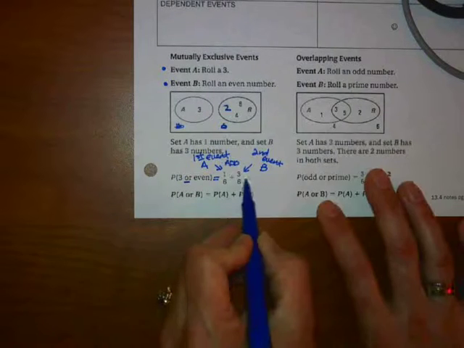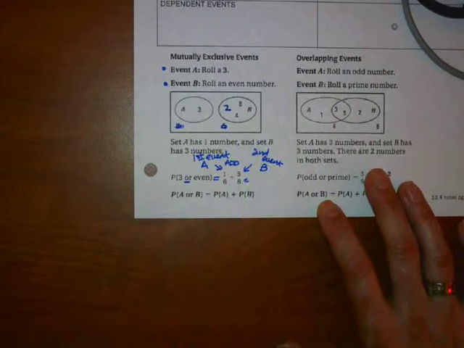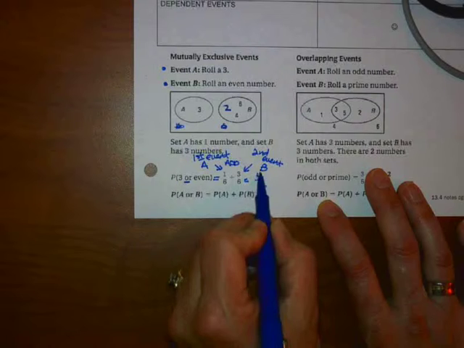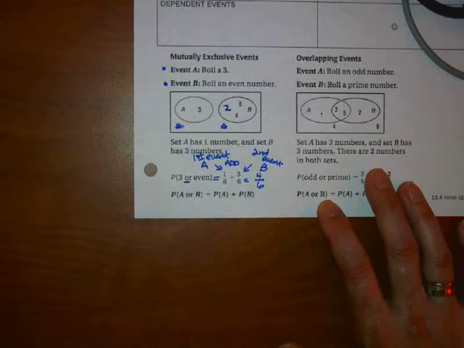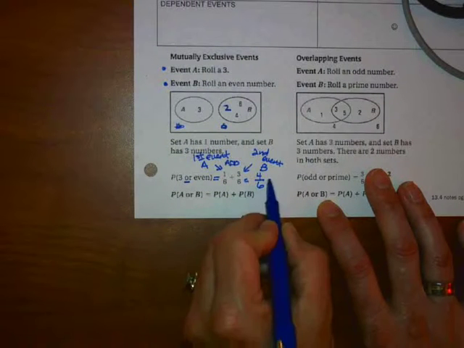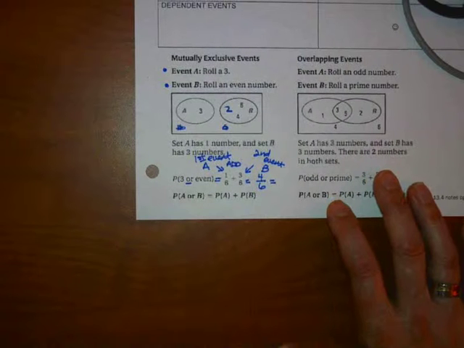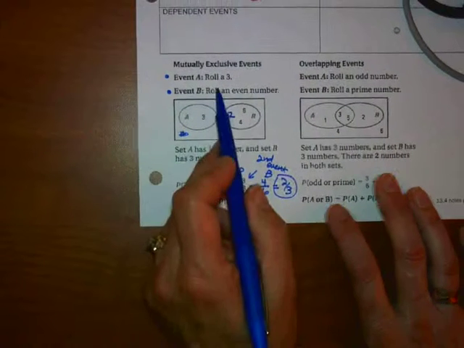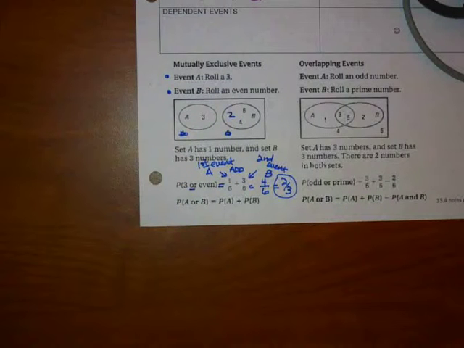They already have a 6 in the denominator, so that's easy. So all we do is we leave the 6 in the denominator and we add the numerators, which is 4. And then we can reduce that to 2 out of 3. So we have a 2 out of 3 chance of rolling a 3 or rolling an even number. Which kind of makes sense because there's a lot of possible outcomes. There's 4 possible outcomes out of 6 for that.